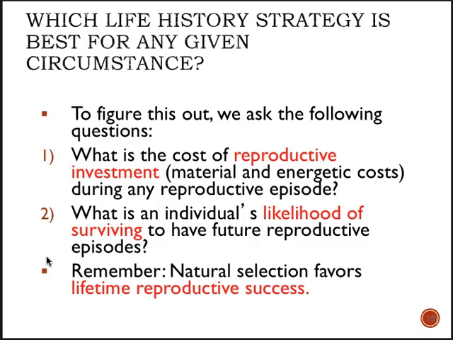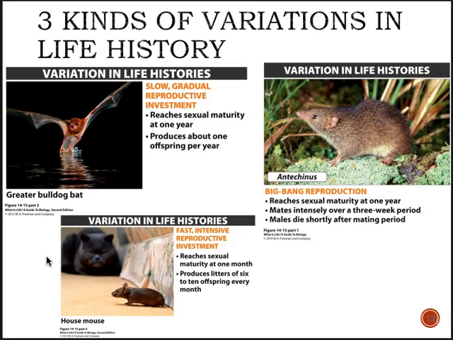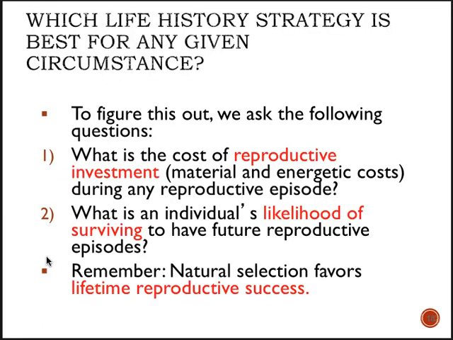And so depending on what the likelihood of surviving is, that makes a difference about which strategy of those three that I talked about on the previous slide makes the most sense. Just remember that natural selection doesn't just favor short-term reproductive success.